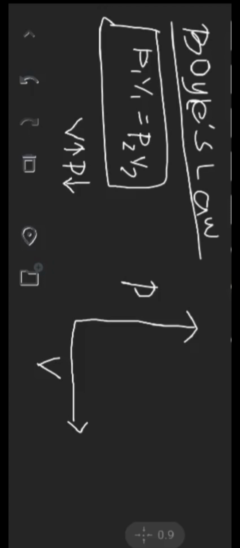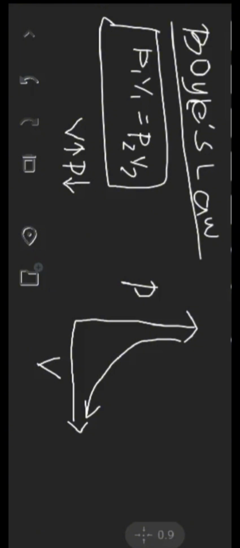Now, do you think the graph should look like this? It's not going to be a straight line. Rather, it's going to be a curved line. As the volume increases, the pressure will decrease, like this. So that's the correct shape for this type of law.